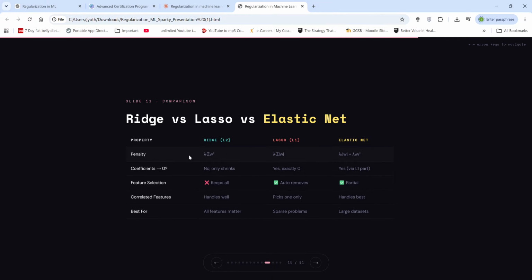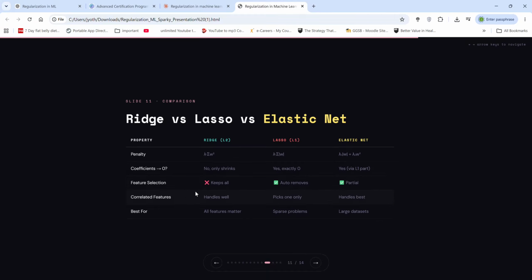These are the properties. In ridge, we use the penalty lambda times w square. In lasso, we use lambda times the absolute value of the weight, and in elastic net we use a combination of both lasso as well as ridge.